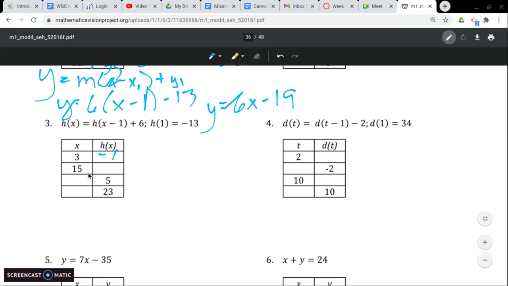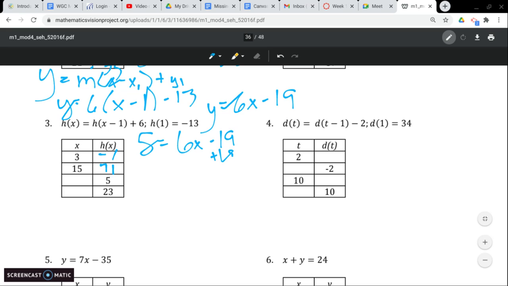6 times 15 is what we do next. And 6 times 15 is 90. Minus 19 is going to give us 71. Now, for the next two, we have the h of x value. So that means we're going to do 5 equals 6x minus 19.